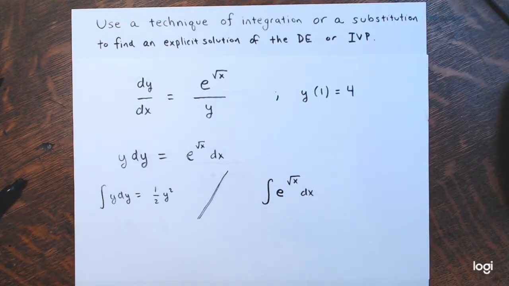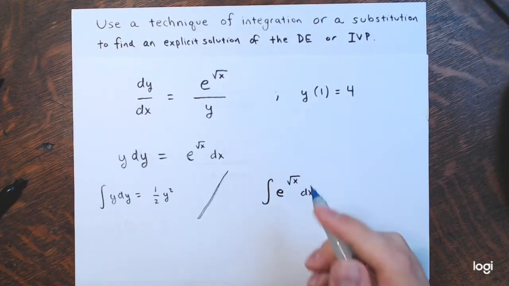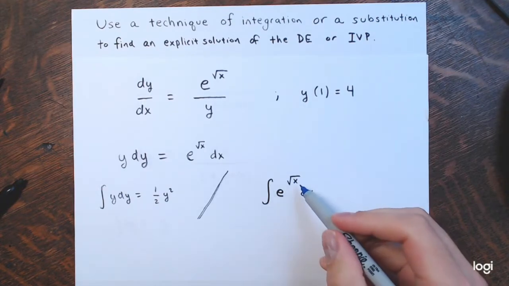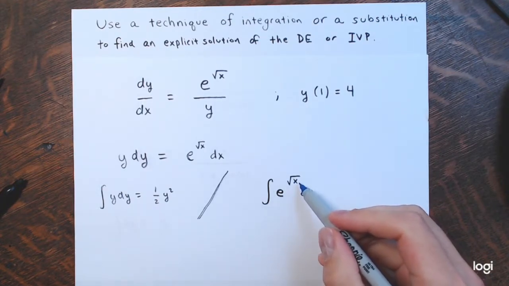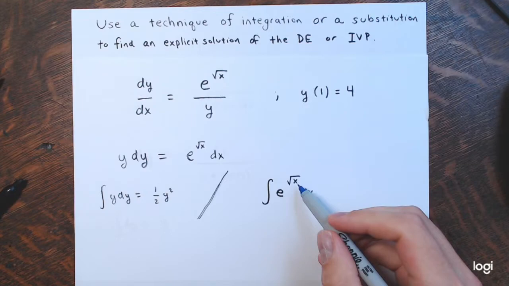Now this here is going to involve some sort of substitution. I hope you see that. Now usually with roots, like this square root of x here, a good substitution to make, in a lot of cases, not always, would be a substitution that would basically just get rid of the root.